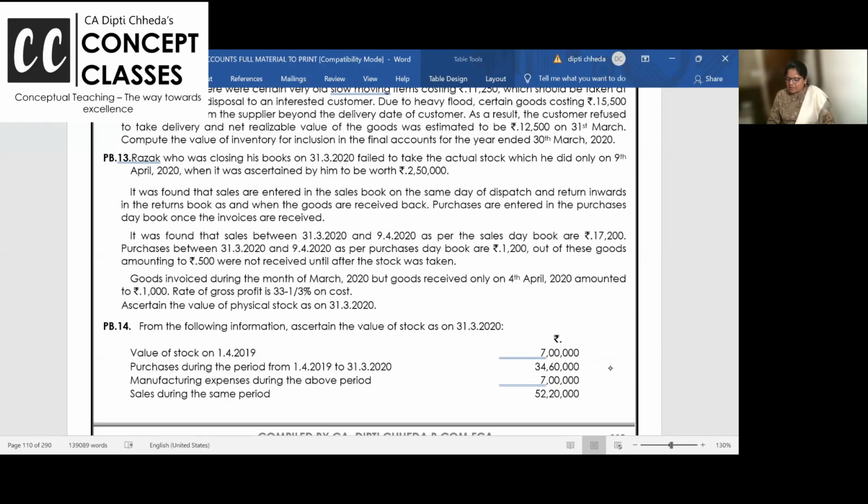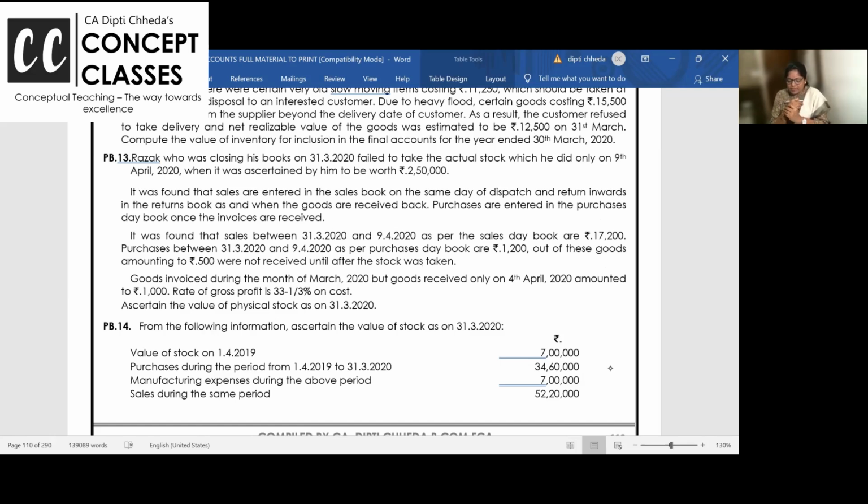Purchases, we will have to minus. Out of this, 500 were not received also. So though 1st April to 9th April purchases were 1200, 500 was not received. So if not received, whatever is received is what is added in stock, so we will minus only that much.